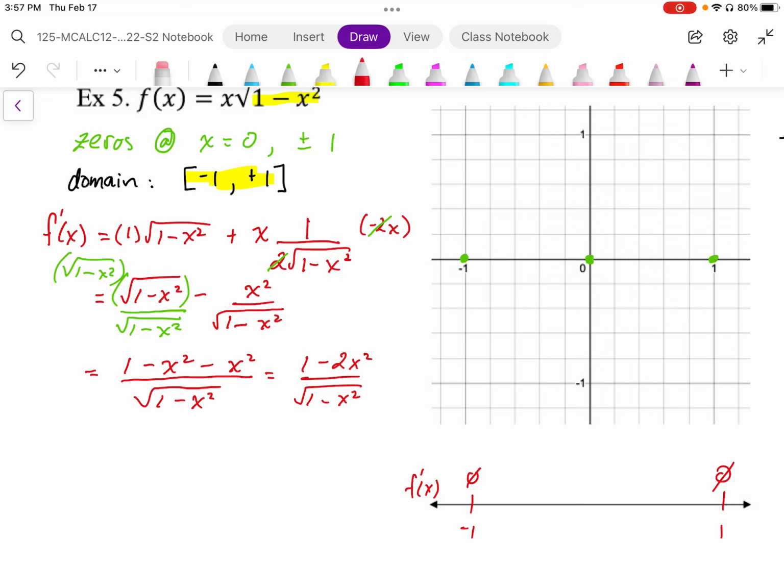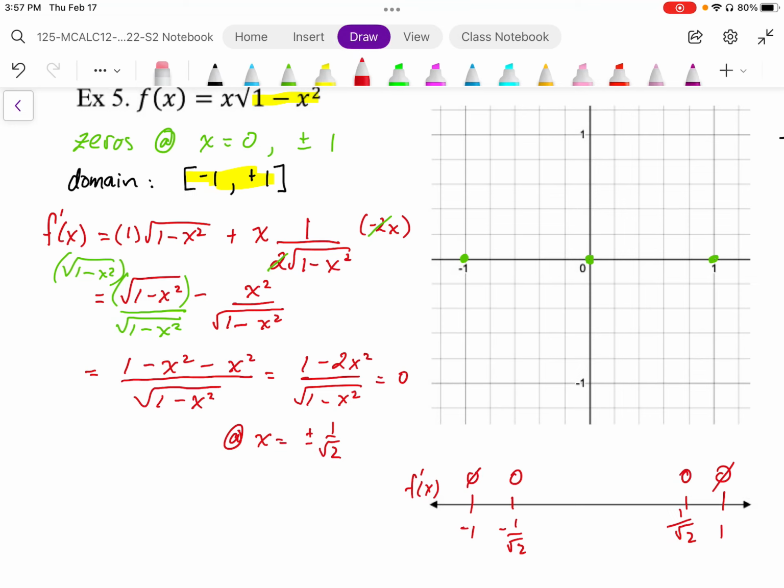So if I make this equal to 0, when I solve that, I get x equals plus minus 1 over root 2. At those points, I'm going to have min and max points. So that's going to be about 0.707, so -1 over root 2 and +1 over root 2, maybe somewhere around here. I'm going to get 0 slopes.